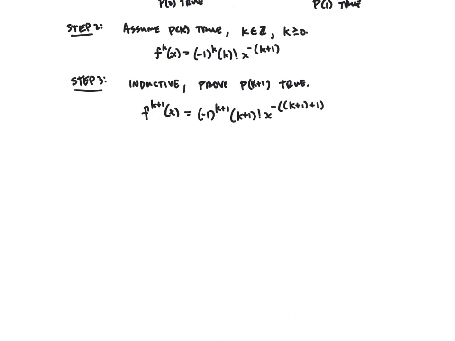All right, so how we do this when you get a derivative example is to get the k plus 1th derivative, in this form, you have to take the derivative with respect to x of the kth derivative of f of x. So by definition, the derivative of the kth derivative is the k plus 1th derivative.